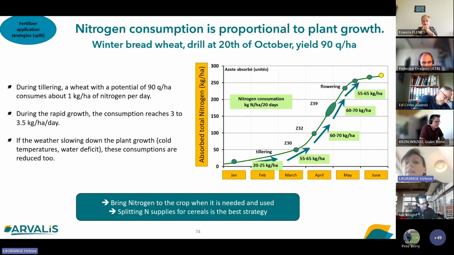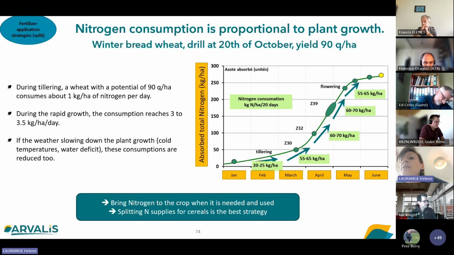And so you can see on this graph, at the end of the winter, it's an example for wheat. Wheat is sown in October in France, around October. And at the end of winter, this is the tillering stage.